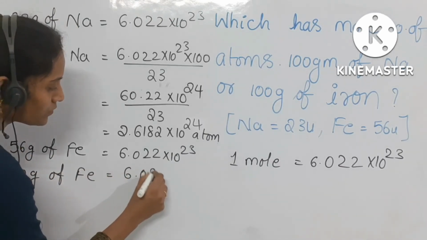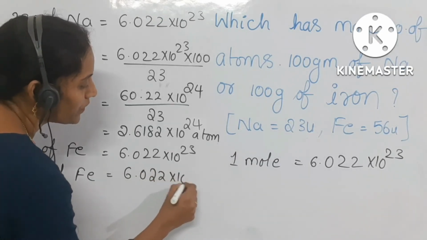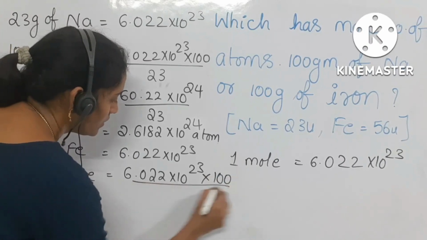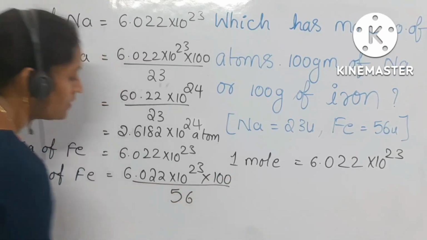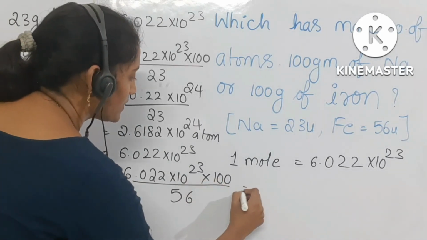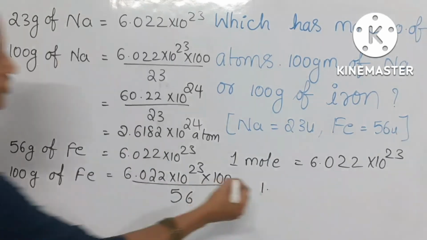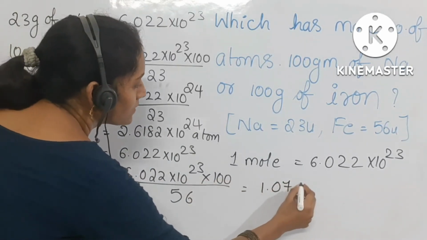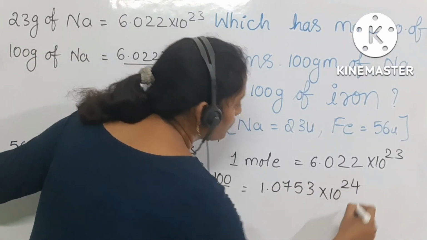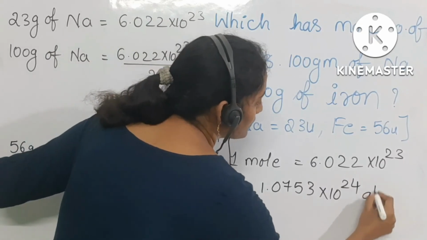Same story, 6.022 into 10 power 23 into 100 upon 56. You can calculate it like this. Then you will get the value 1.0753 into 10 power 24 number of atoms.